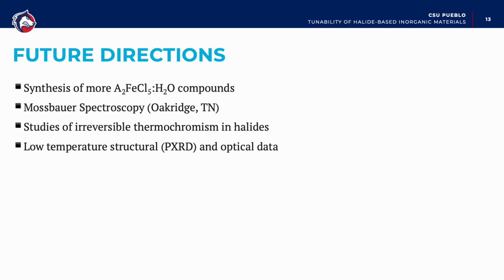And since, again, the vibrant red is the elusive inorganic pigment, we're going to study irreversible thermochromism in metal halide complexes to see if that is one avenue to a vibrant red compound. And lastly, as stated previously, we're going to work with a low temperature setup for optical and structural data in order to identify any relevant trends in the given material.